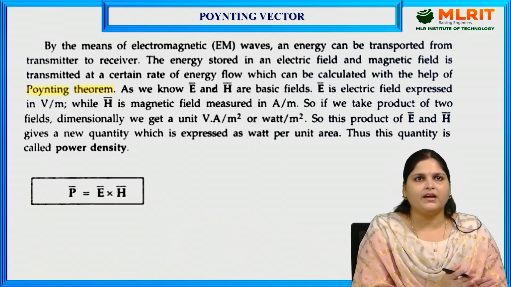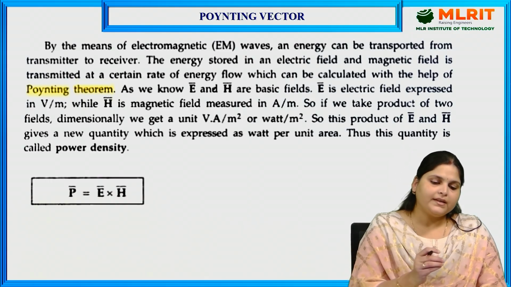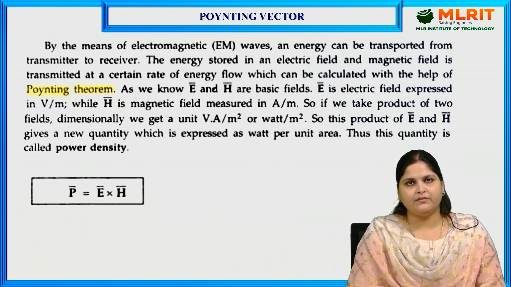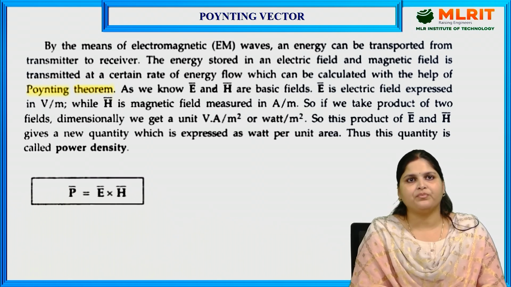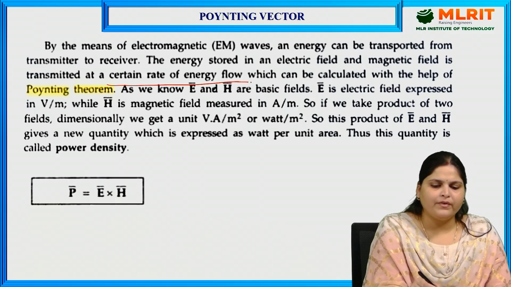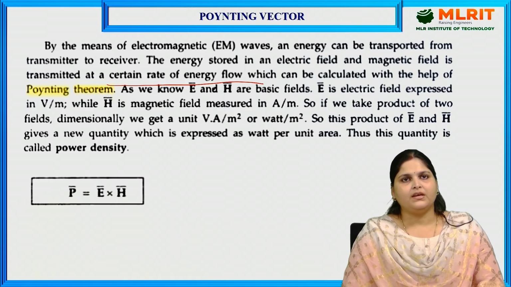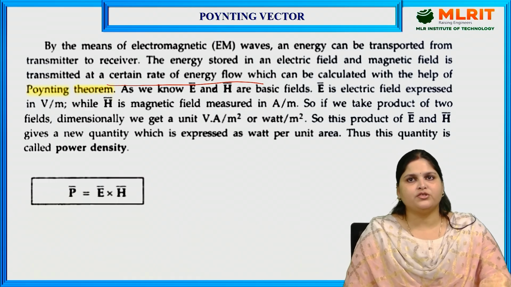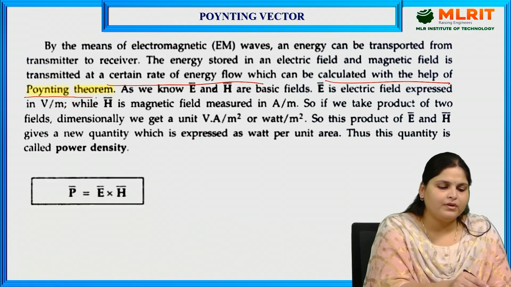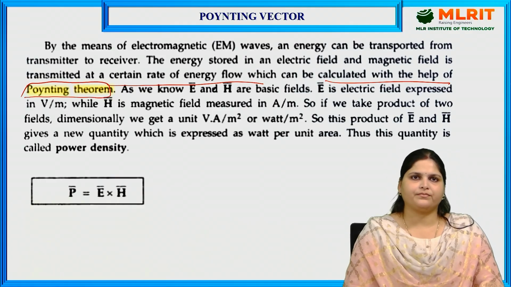The energy which is stored in the electric field and magnetic field, which is being transferred, will be transmitted at a certain rate of energy flow. And this rate of energy flow can be calculated with the help of Poynting theorem, which we are going to discuss, right?